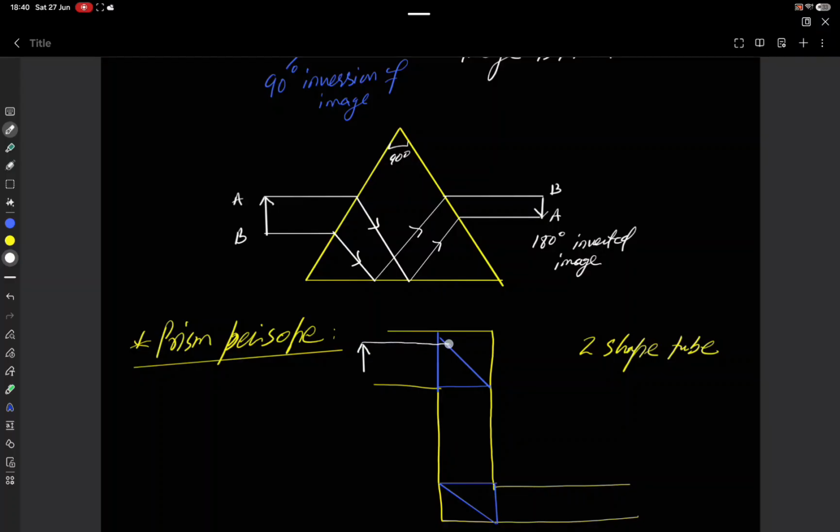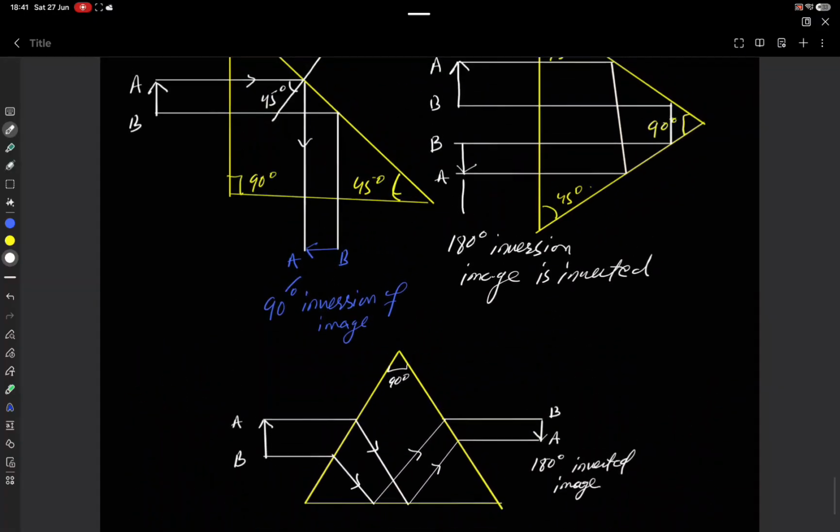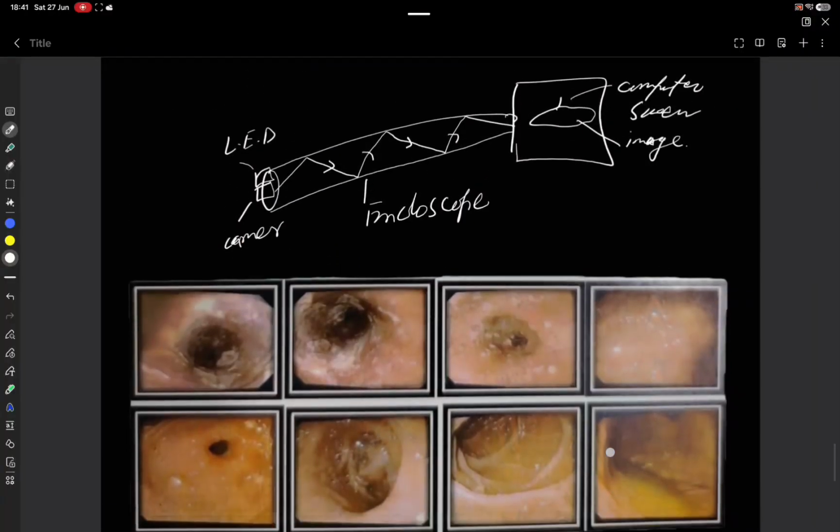So the light ray travels and total internal reflection occurs. And the same image properties are formed as by a mirror periscope. So this is the image. This is the right angle triangle prism.